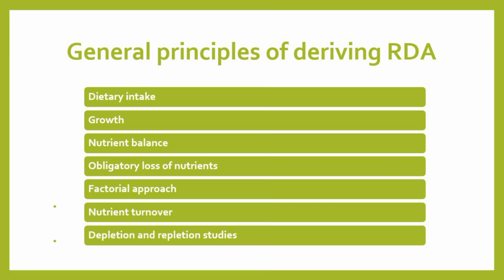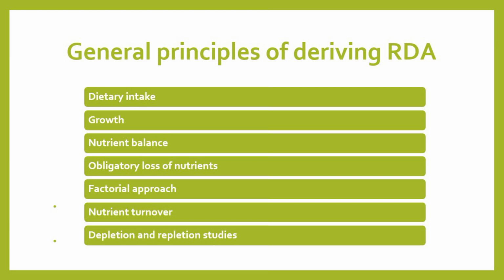Different nutrients perform different functions in our body. In the factorial approach, we assess the requirement of different nutrients for performing all those functions and derive RDA for that particular nutrient. By obtaining data from the turnover of nutrients in healthy persons, requirements of different vitamins and minerals like vitamin A, C, B12 and iron have been determined.